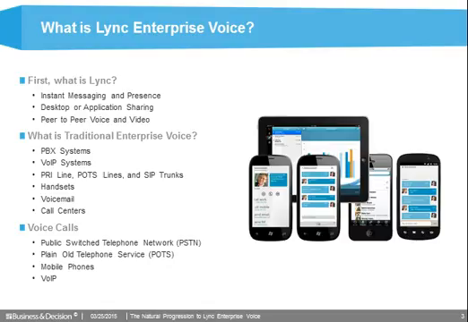When we talk about voice calls, we're talking about calls that are traversing the public switched telephone network, the PSTN, which is commonly called. And you'll hear me refer to that throughout this presentation as well. And then plain old telephone service is the same as the PSTN, but really refers to specific analog lines. You may have a POTS line at home if you have an analog line.